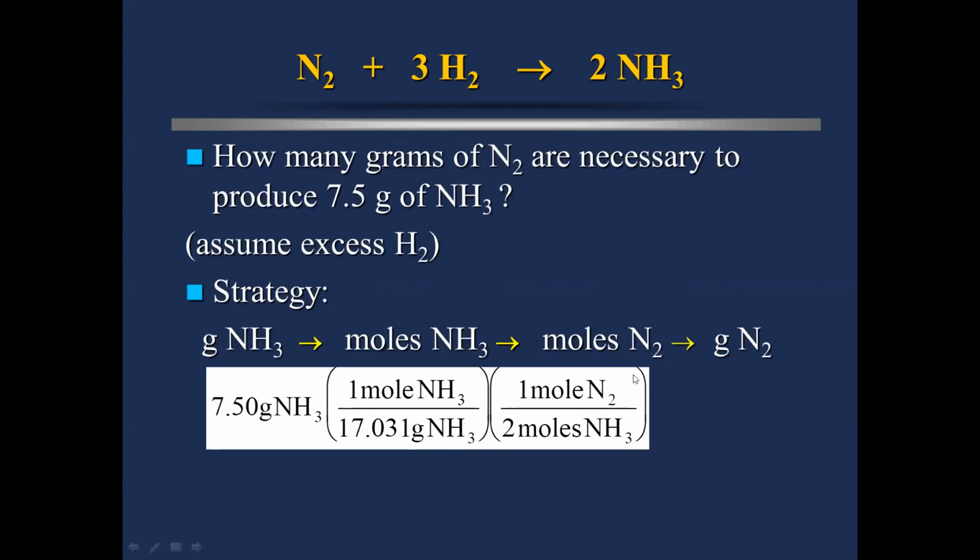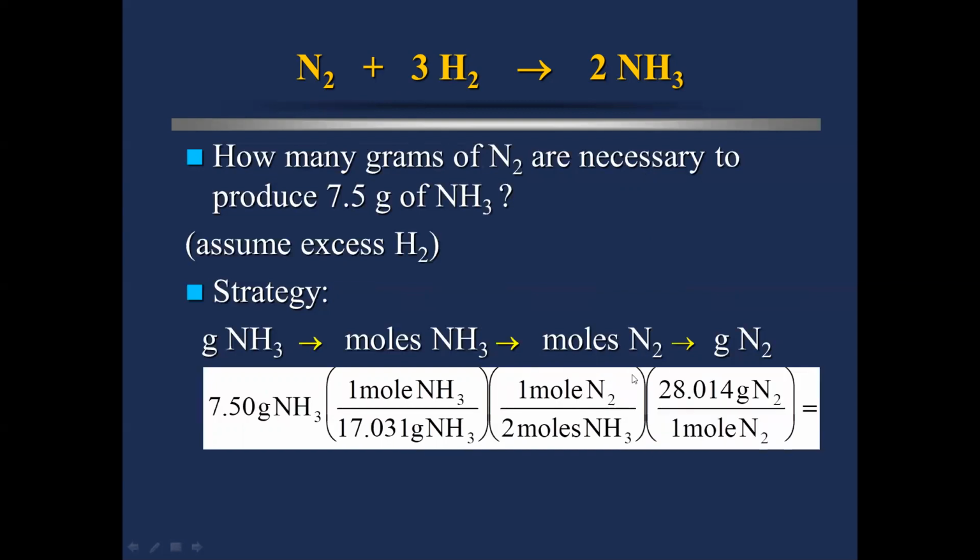So I put 1 and 2 here, and then from the moles of nitrogen, of course, 1 mole of nitrogen equals 28 grams of nitrogen. Use your calculator properly and cancel out the units over the line and below the line. So finally, we have 6.17 grams of nitrogen. You see, it's very useful.